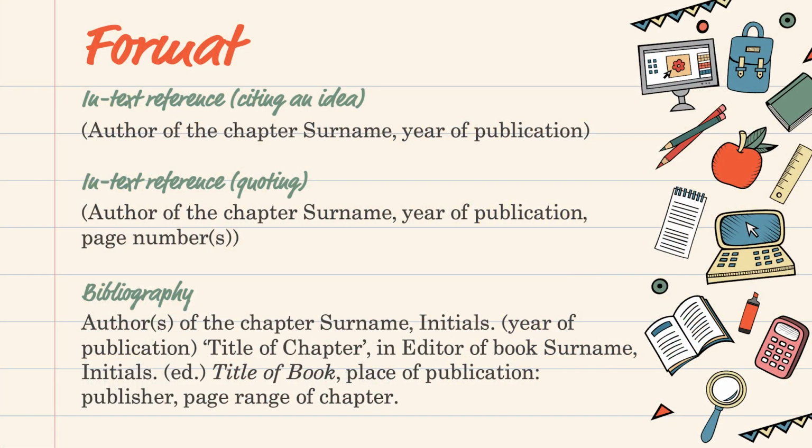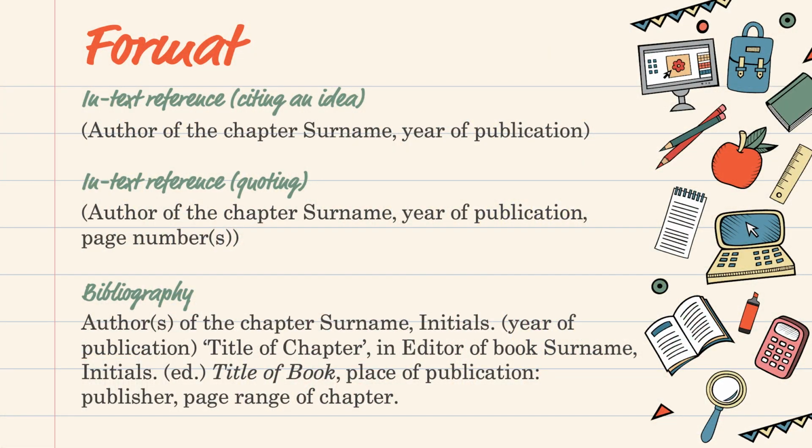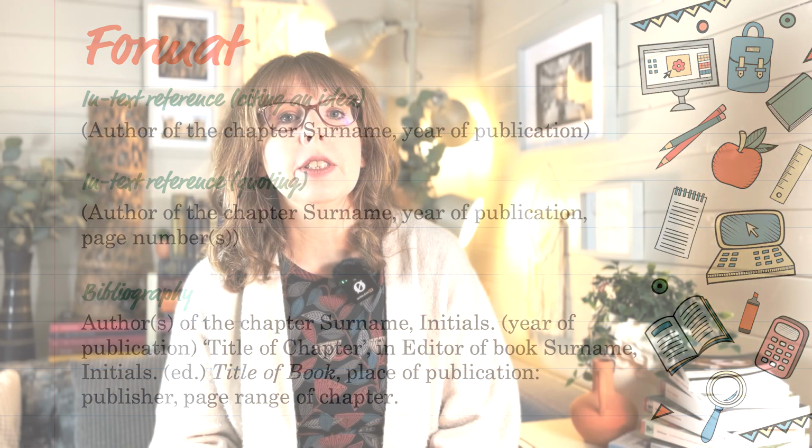And what I find in the Cite Them Right book is both the generic format and an example, which can be really useful to understand what the format looks like in use. So let's work through applying the generic format to the chapter I want to reference and see what this looks like. I'm going to collect some data from the book that I want to reference to help me with this.